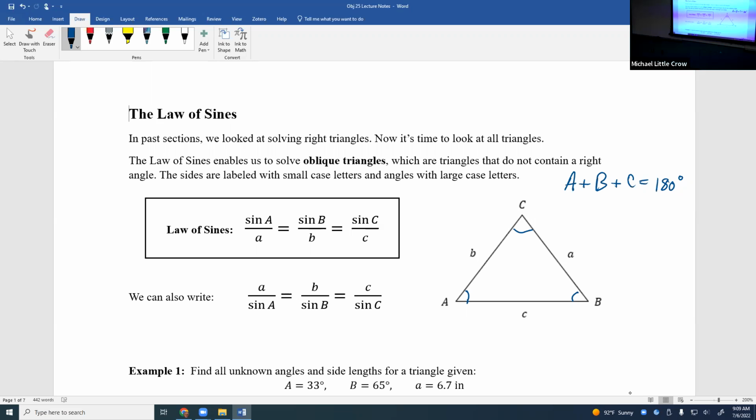Then there are 3 lengths, 3 sides, and so there's the lengths of 3 sides, A, B, and C. So once we find all of those, pretty much all the features we need to know about a triangle.